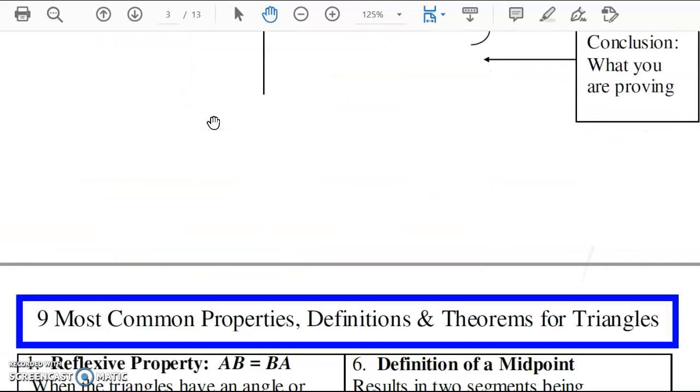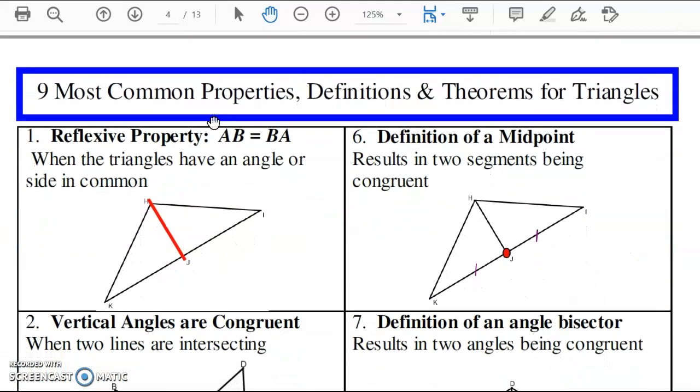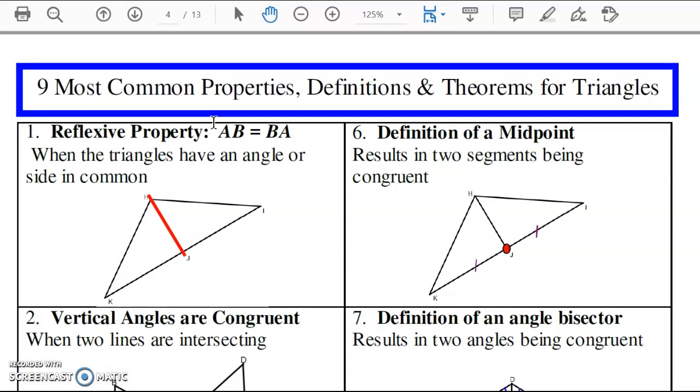I want you to skip over to this page, because this page has some, as it says here, common properties, definitions, or theorems for triangles that we're going to need to know to help us prove these triangles congruent. The first thing we're going to look at is the reflexive property. This is the reflexive property when the triangles have an angle or side in common.